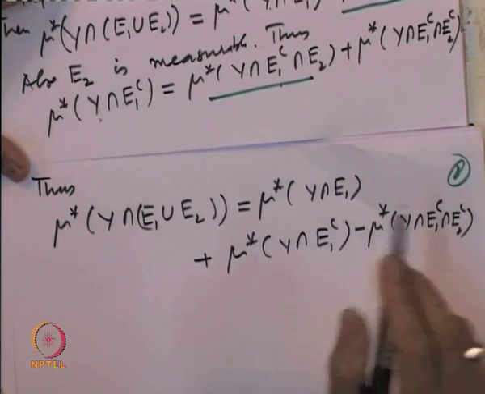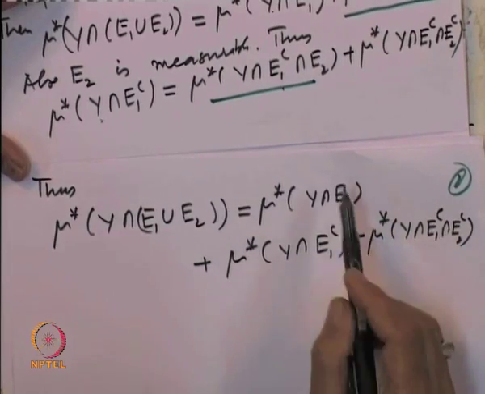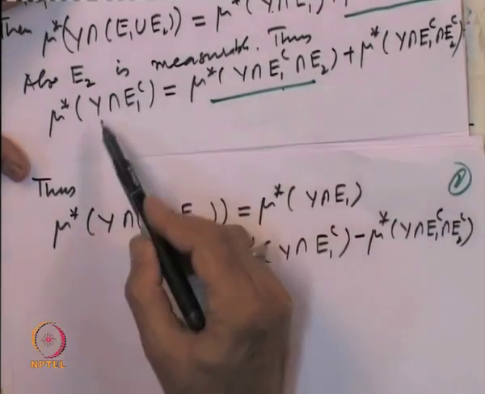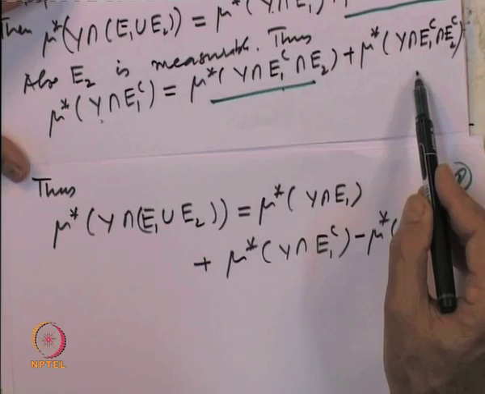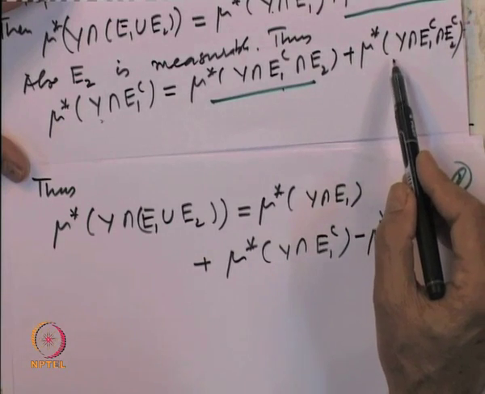And now, one should note here that we have taken one term on the other side. This is possible because all the sets involved have finite outer measure.